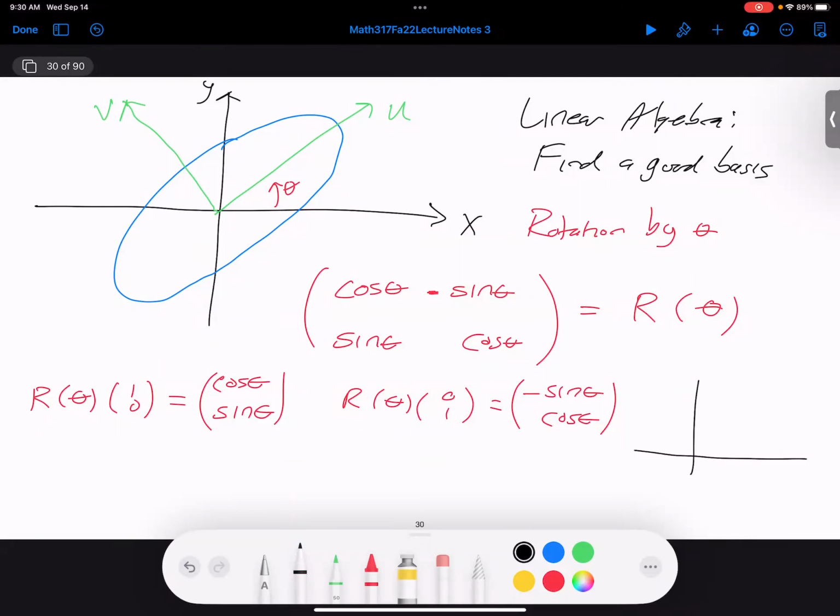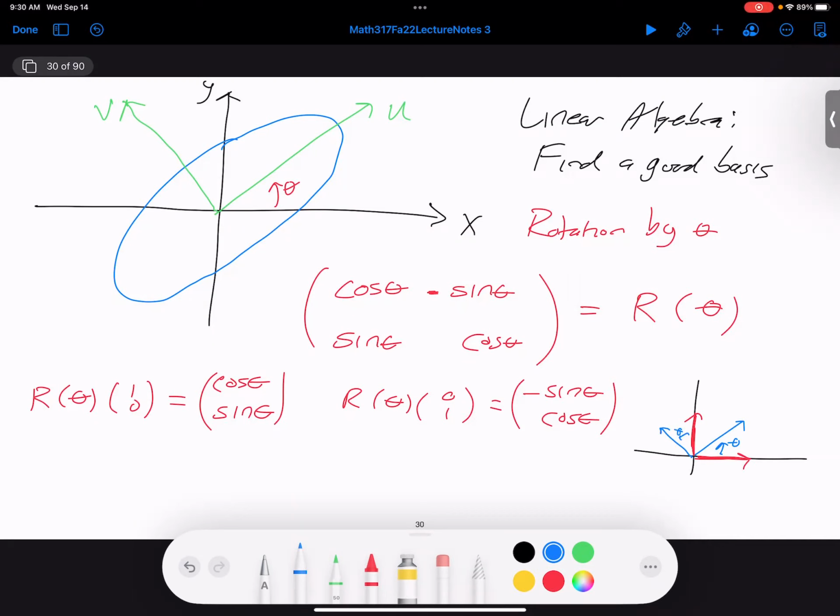So what this is telling me is, if I start off with the vector 1, 0, I rotate that by theta radians. And if I start off with the vector 0, 1, I'm going to rotate that by theta radians.